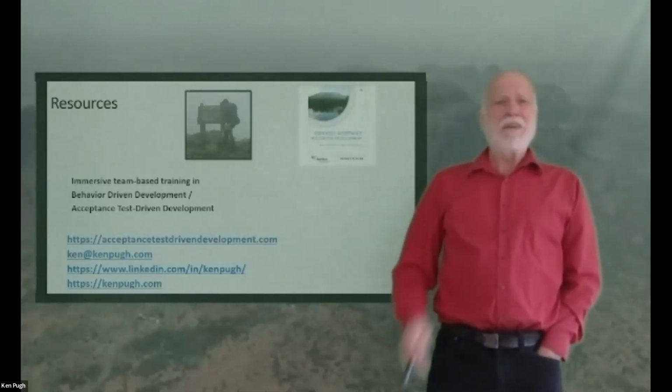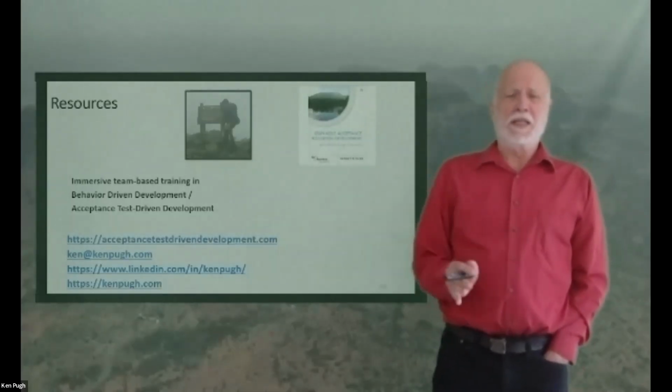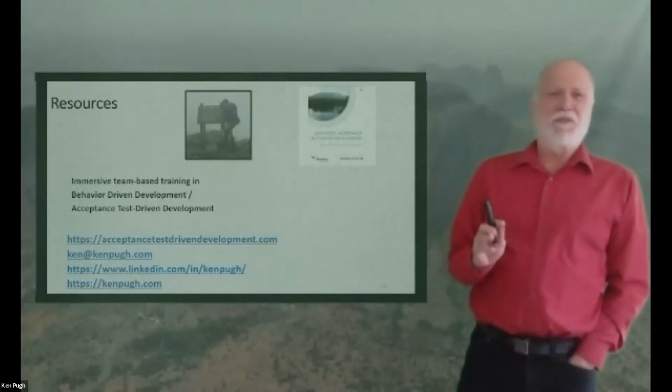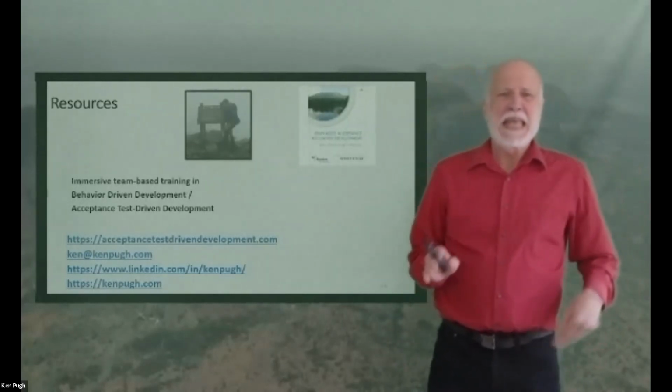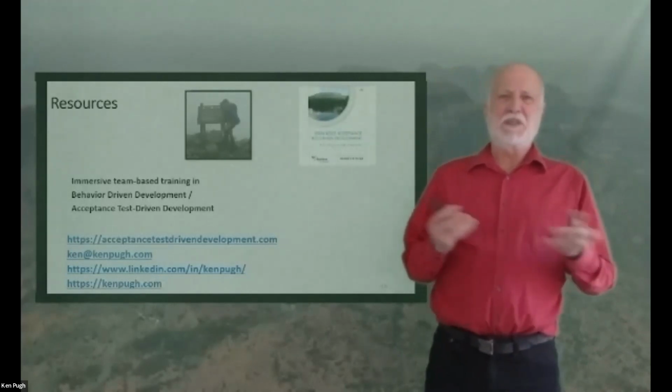Next question is from Roberto. What's your recommendation when trying to write the Gherkin for a legacy system that is lacking tests and documentation? I've never heard of that. I thought all legacy systems came like that. No, let's see. Actually, that's Michael Feathers' definition: a legacy system is any system that does not have tests written for it.